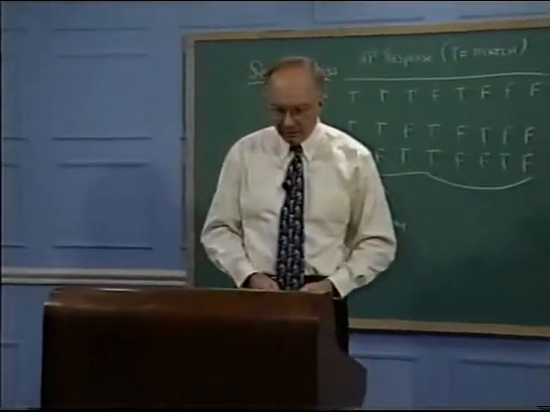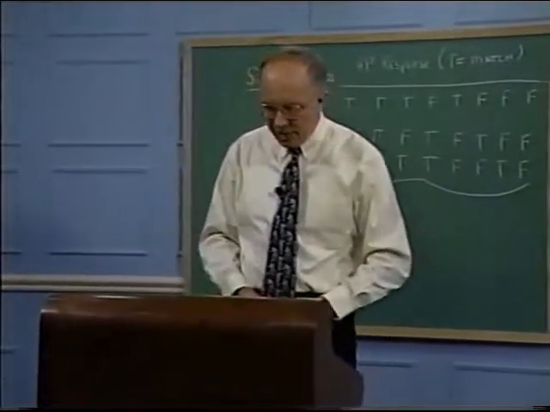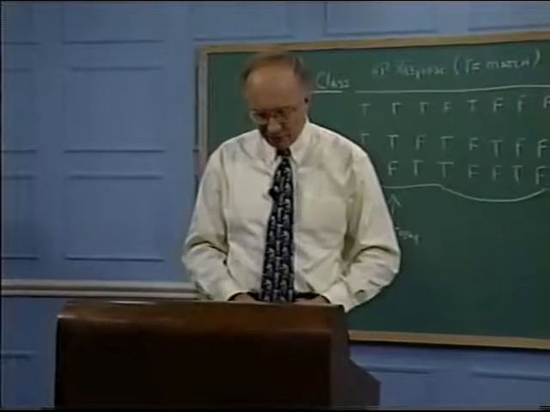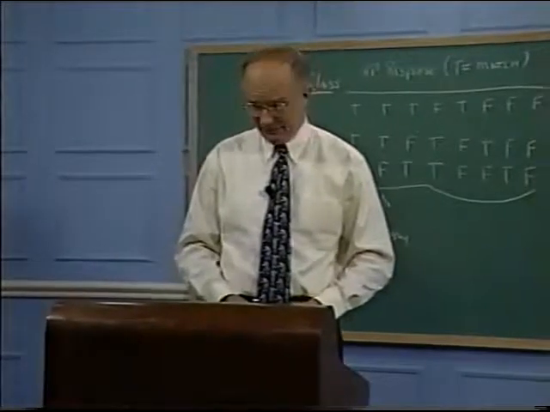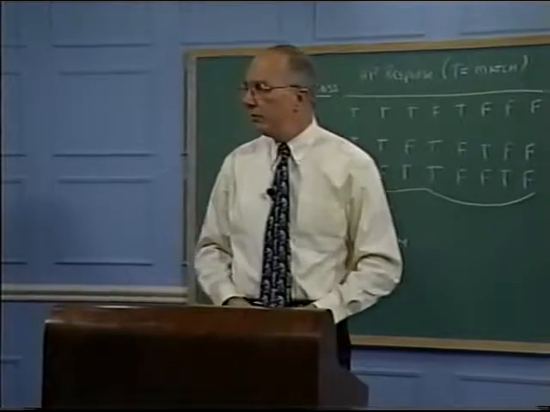Okay? And finally, let me describe an event. An event is any collection of outcomes that I specify in advance. It's a subset of the sample space. Now let me give you an illustration.